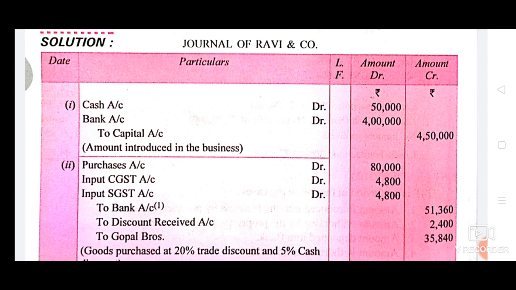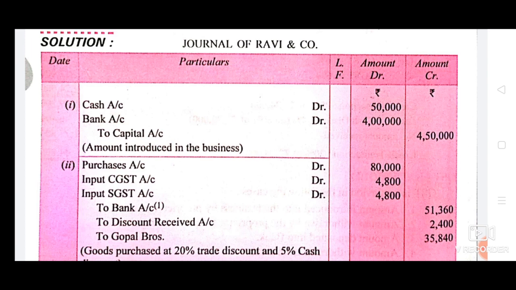So the entry will be cash account debit 50,000, bank account debit 4 lakhs, to capital account 4 lakhs 50,000. Being the business started, or being the amount introduced in the business, or being the business commenced, any narration is suitable here.